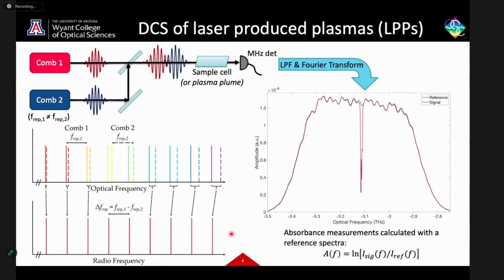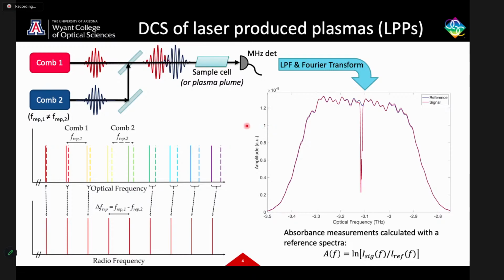Now, this RF frequency comb, without any loss of generality, contains all of the optical information of the optical comb, except now, rather than being in the terahertz domain, it's in the more conventional RF megahertz domain, which is quite useful because through a standard low-pass filter and Fourier transform, we can extract the power spectrum of the light.